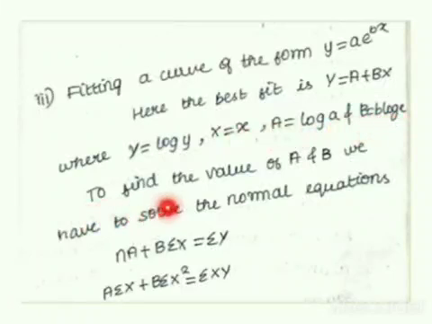So to find the values of a and b, we have to solve the normal equations. We know already what is the normal equation, but here it is somewhat different, which is n caps A plus caps B summation x is equal to summation Y. So all the terms are in caps, and caps A summation x plus caps B summation x square is equal to summation xY. So this is the form of the exponential curve.